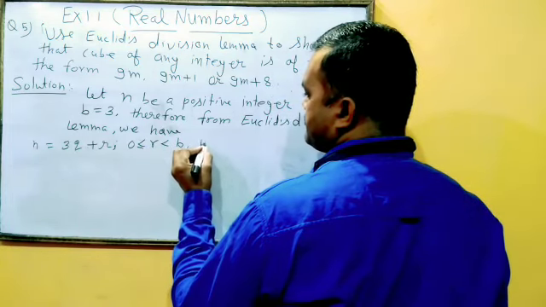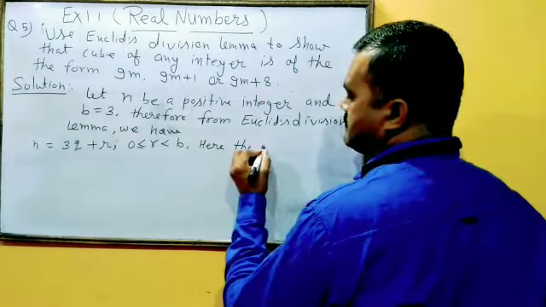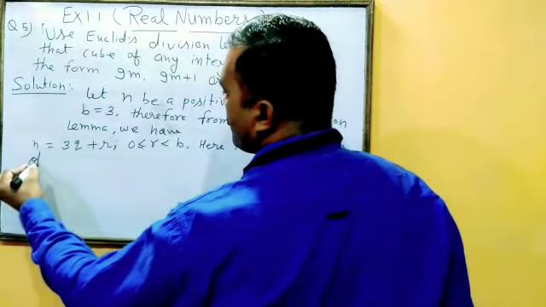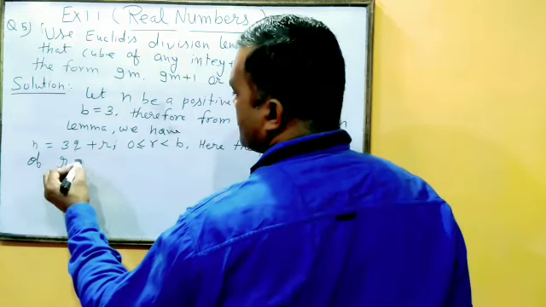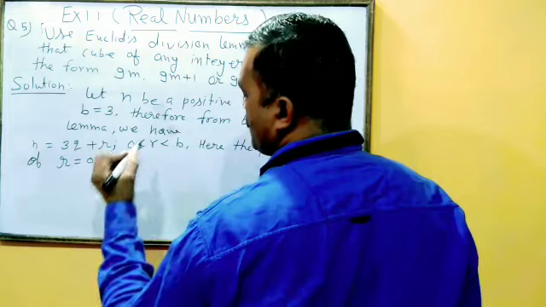Here the possible values of r are 0, 1 and 2.